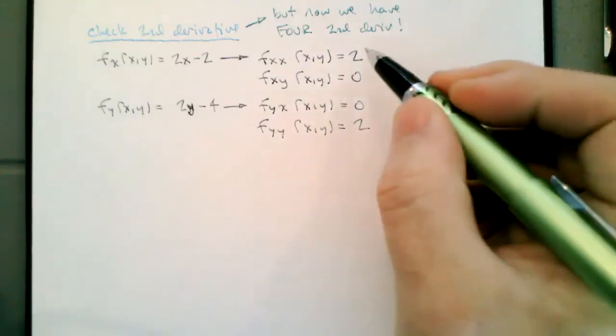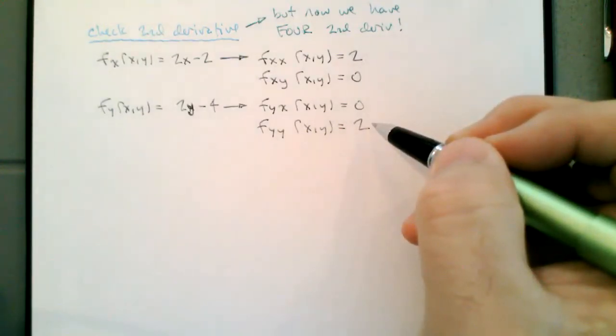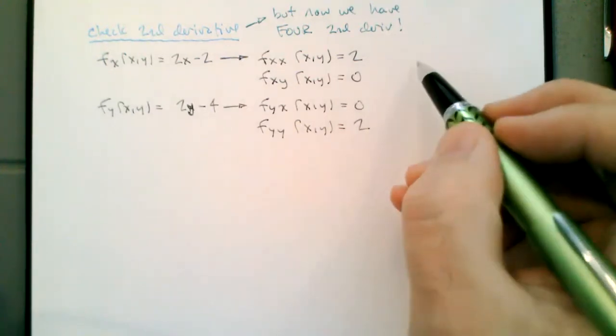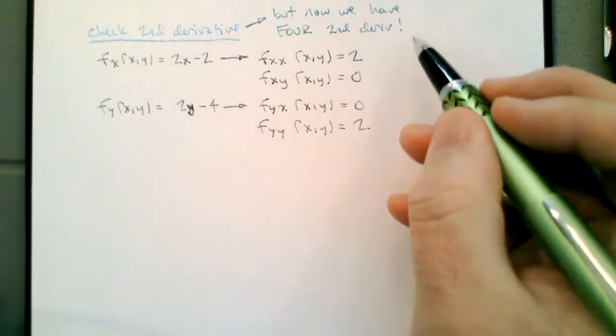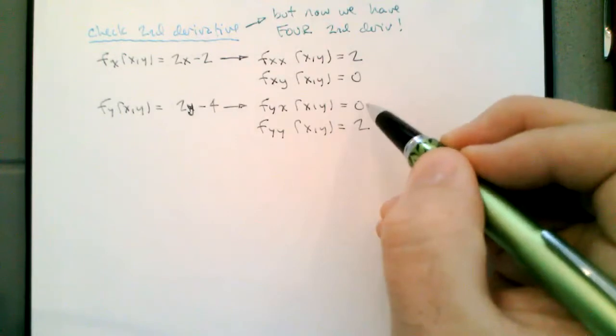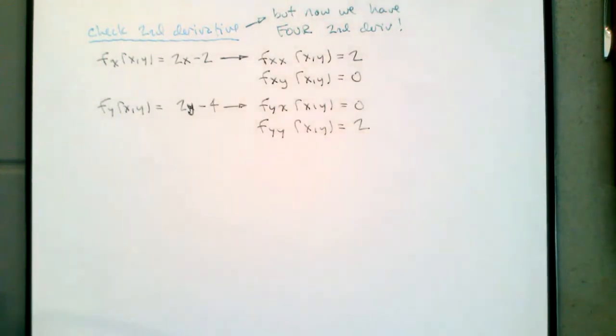On one hand, this one worked out pretty simply and it fits our intuition. In the x direction, we must have a minimum because we're looking at concave up. And in the y direction, we're looking at concave up. But what are these mixed partial derivatives going to tell us?